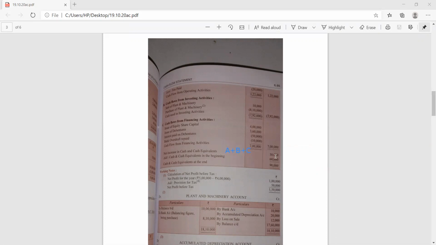We get this 30,000 rupees as a net cash inflow or outflow. Now add cash and cash equivalents in the beginning, that is 60,000 rupees, and finally you will get 90,000 rupees as cash and cash equivalents at the end.